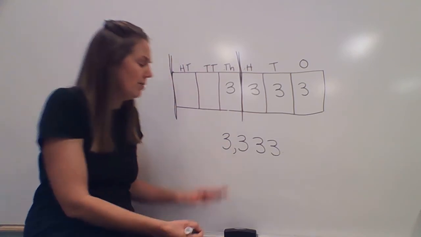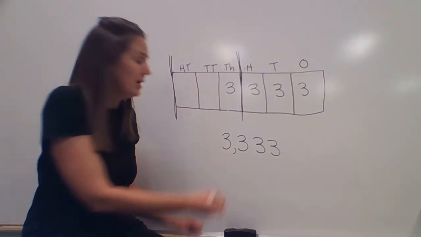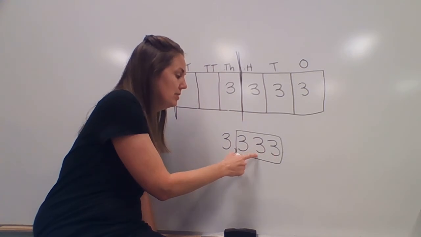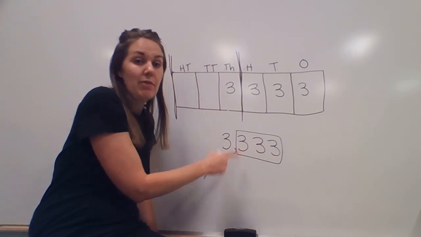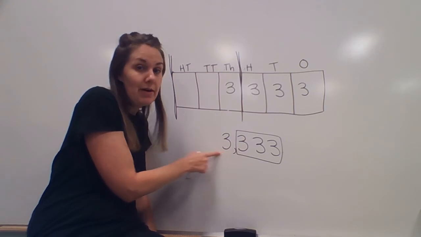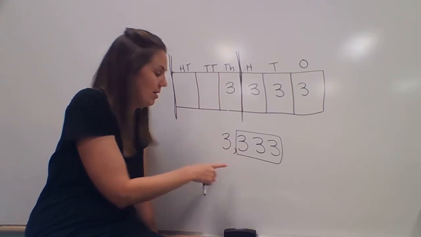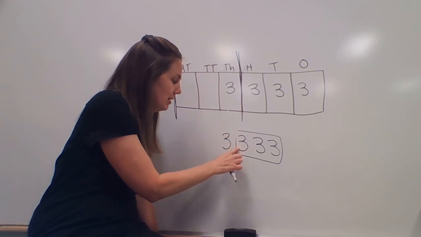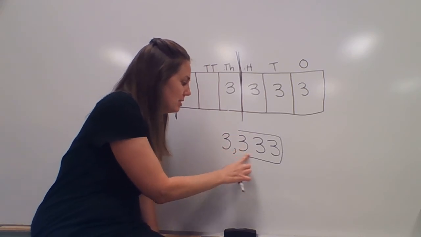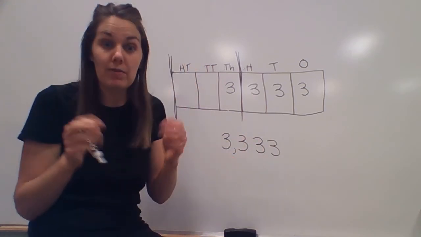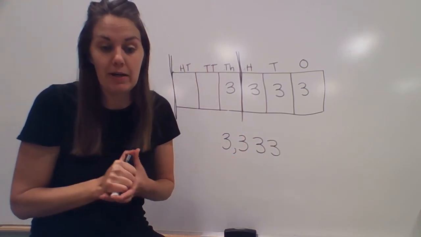This is where our comma would go to show that we have one period of ones, tens, and hundreds, and we're starting a new period of thousands. We haven't completed that whole period, so we don't need to draw another comma, but we'll have that one comma in between the thousands place and the hundreds place to show that we have completed that one period.